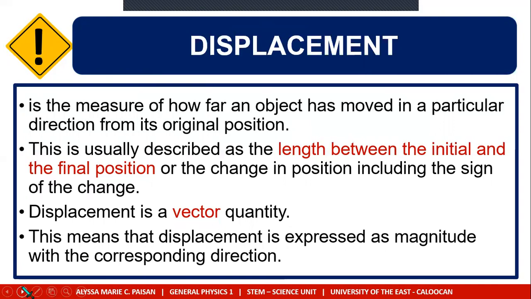And again, if you remove the direction of displacement, we will be left with distance. Therefore, again, displacement is just distance with direction, or the distance between an original position and a final position.